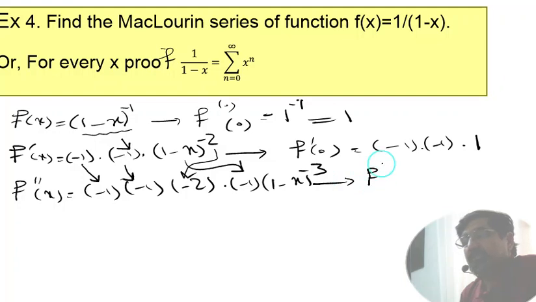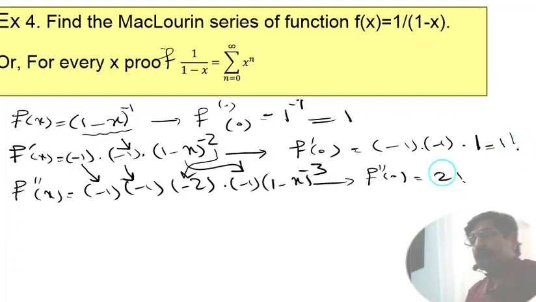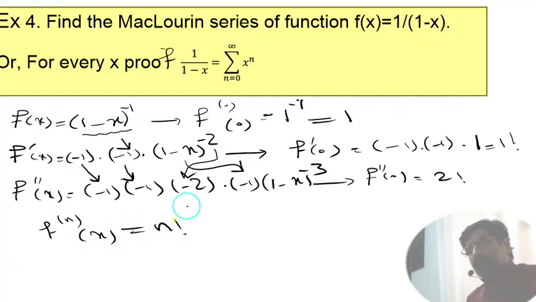That is, f double prime of 0 is 2 factorial, that is 1 factorial. We can write the nth derivative of f at 0 is n factorial.